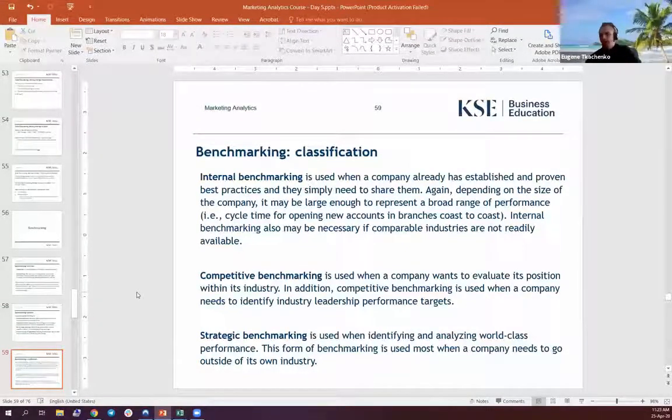And strategic benchmarking. So basically how well we are doing overall, and if we are trying to achieve some other goals, like for example, entering a new industry, because we are operating under the assumption that our product can be used, for example, in biochip manufacturing plants, companies.